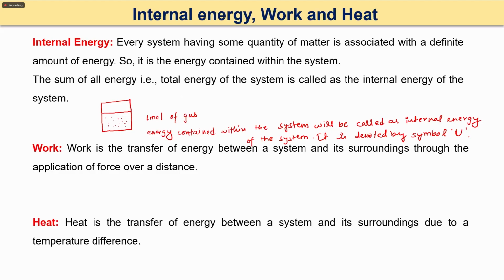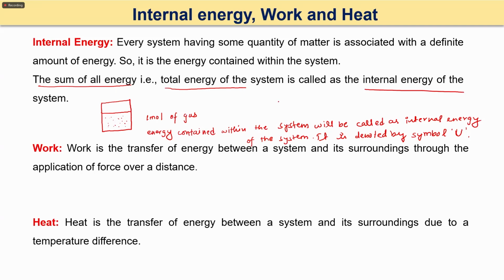If we take the sum of all these forms of energies for a system, it will be called the internal energy of the system. So the total energy of the system is called the internal energy of the system.